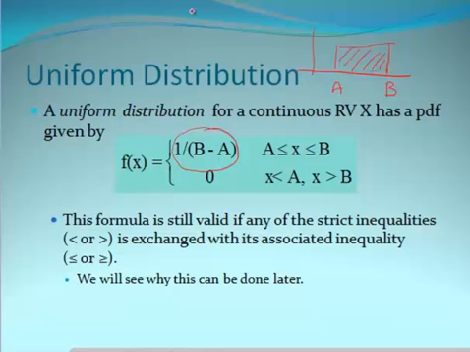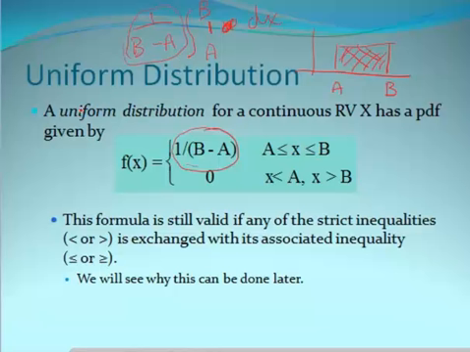So when you're integrating between a and b, you've got to have a 1 over b minus a as a constant multiplying it, because then when you integrate, it will turn out to be 1 underneath here. That's where this factor comes from.